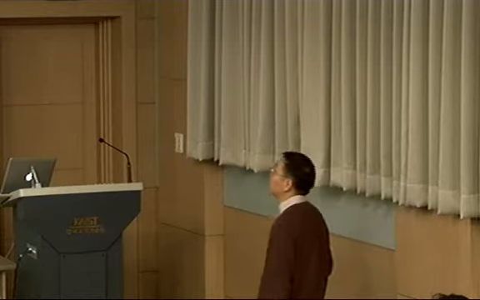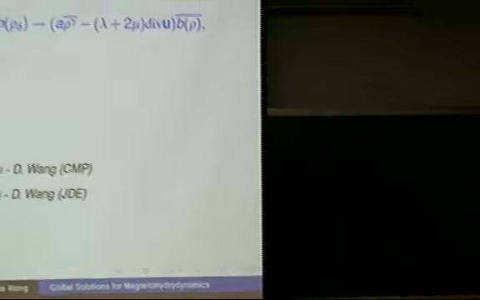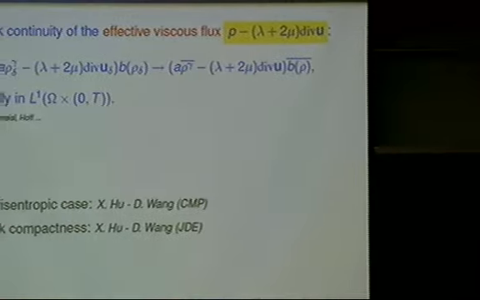This is important, because usually you have those estimates, you construct the approximate problem, then you take a limit and get a solution. So this is also related to the existence problem. Of course, here I didn't mention some special assumptions about the viscosity coefficients.